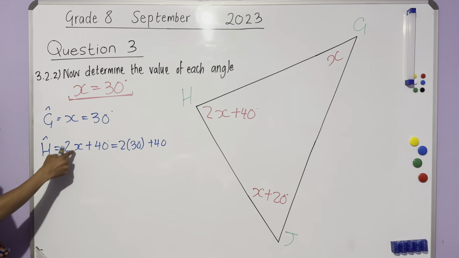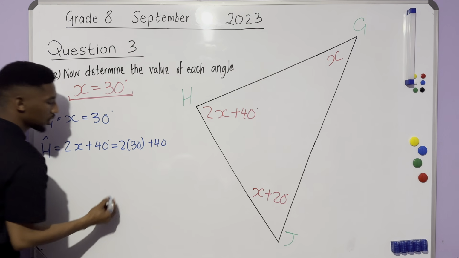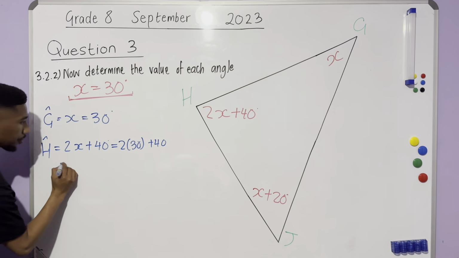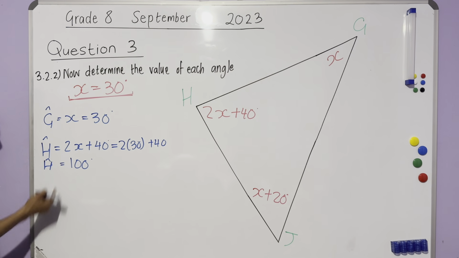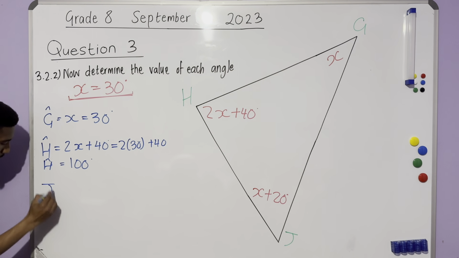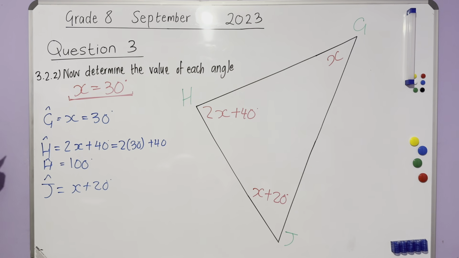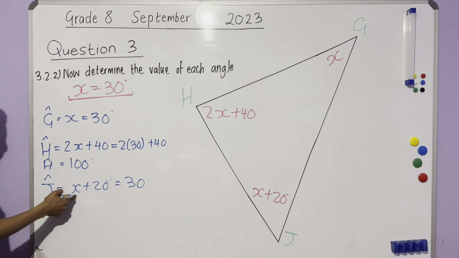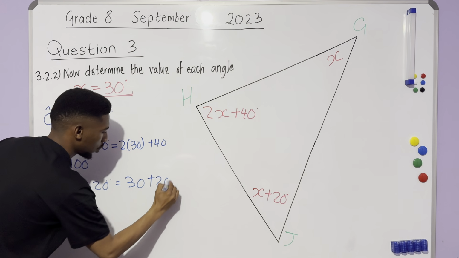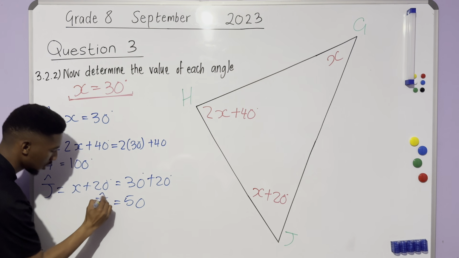That 30 is x, so it's 2 times 30, which is 60, plus 40, which is equal to 100 degrees. So angle H is equal to 100 degrees. Then angle J is equal to x plus 20 degrees, which is simply 30, since x is 30, plus 20. That is equal to 50 degrees for angle J.